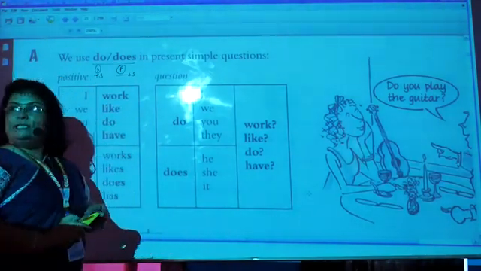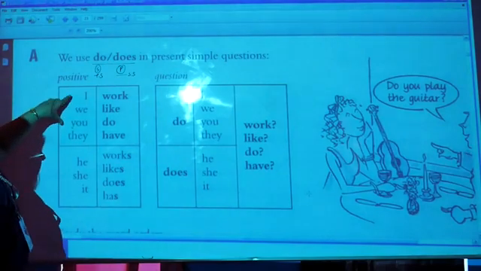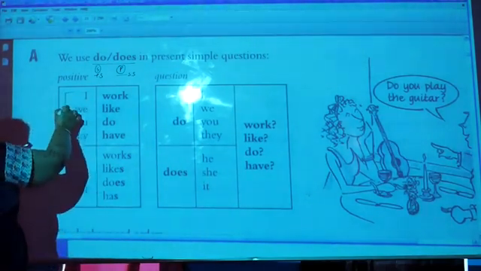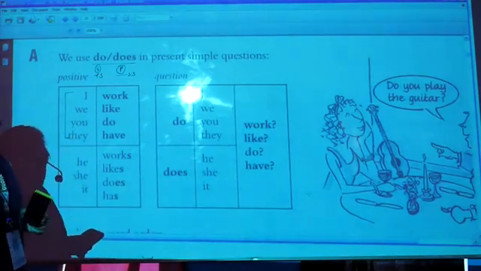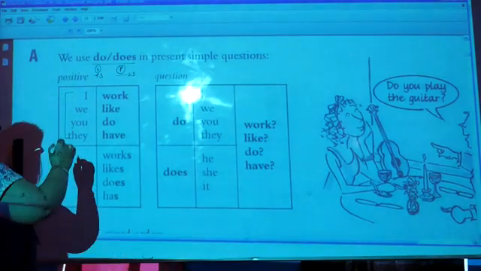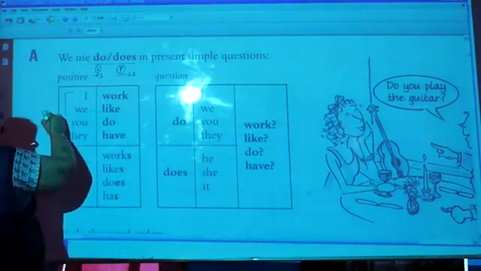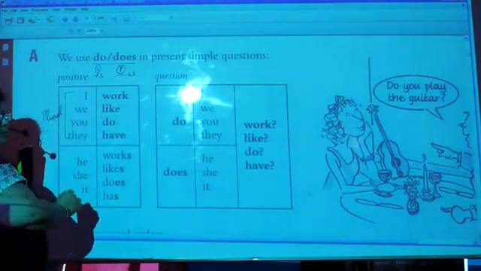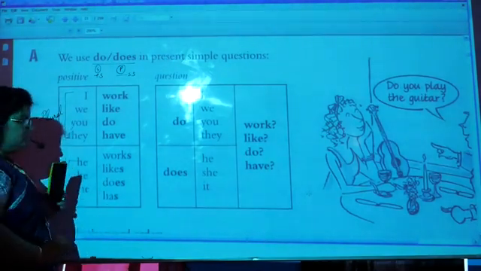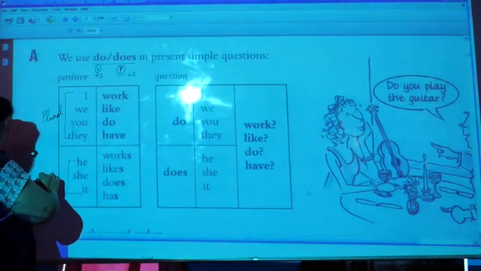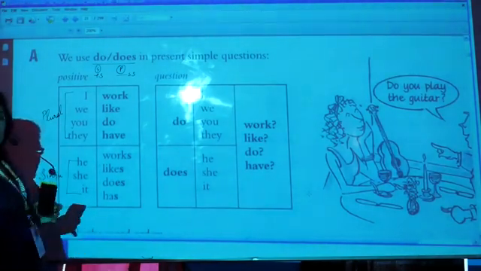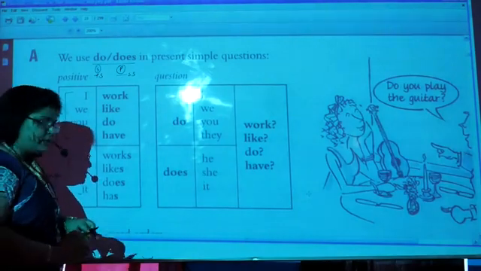So let's see, just look here. There are some pronouns, as we spoke, that these are the pronouns which are used as subjects. They are subjective pronouns, and they all are plurals. Same way, he, she, it are also subjective pronouns, and they are singulars, right? They stand for singular subjects.